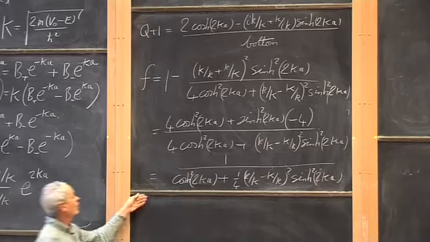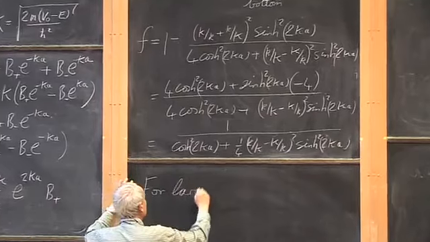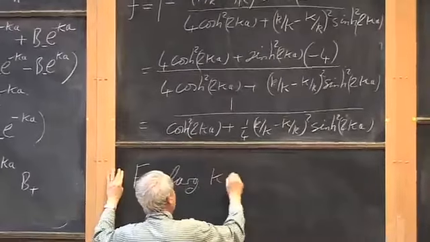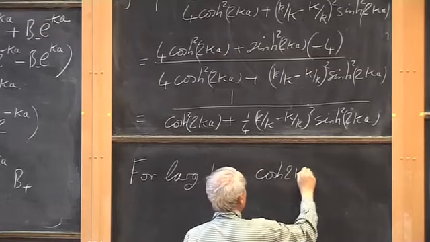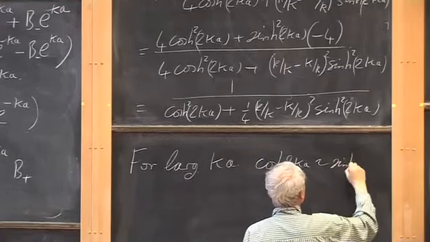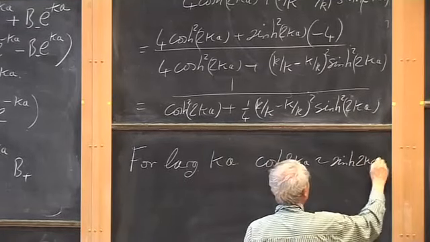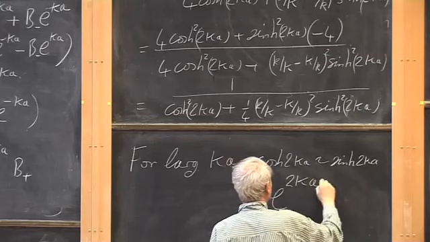And so what we can say is that for large κa, cosh 2κa behaves pretty much like sinh 2κa behaves like e to the 2κa, right?